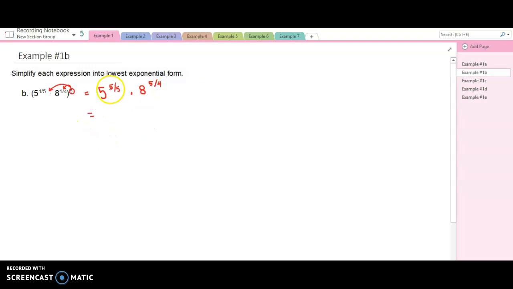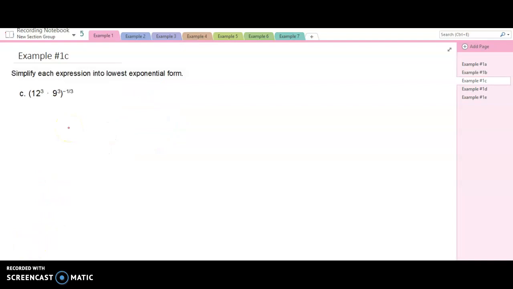Now 5 to the 5/5 is just 5 to the 1st, and hopefully we know by now that 5 to the 1st is just 5. And 5 times 8 to the 5/4, this is as low as we can go. We cannot multiply these because this exponent only applies to the 8.